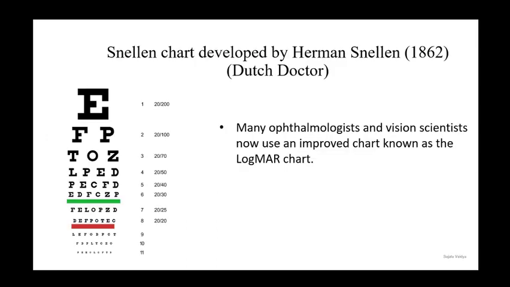So friends, this is a Snellen chart, which was developed by Dutch doctor Herman Snellen in 1862. You might have visited an ophthalmologist's clinic and wondered why the doctor is asking you to read these letters. But reading these letters decides your visual acuity. Nowadays, many ophthalmologists and vision scientists use the logMAR chart to decide the visual acuity of a person.